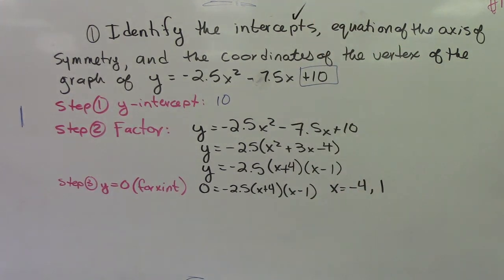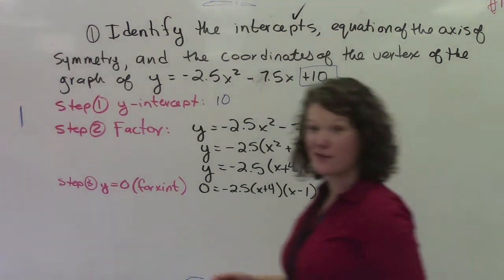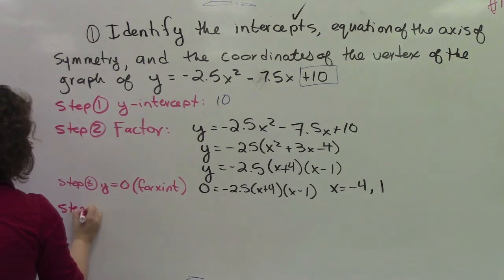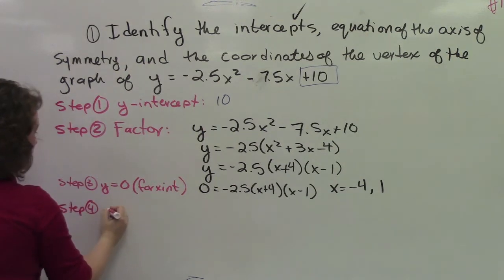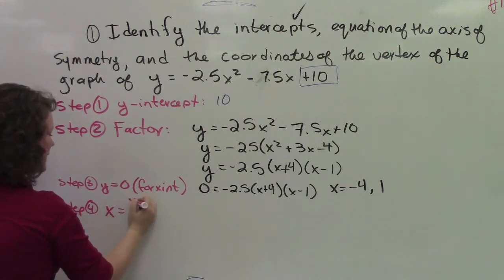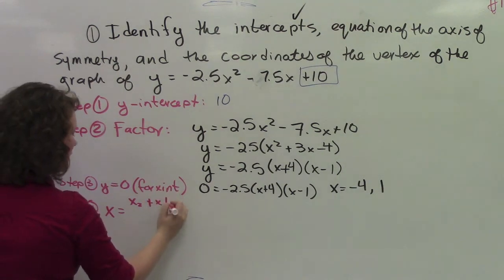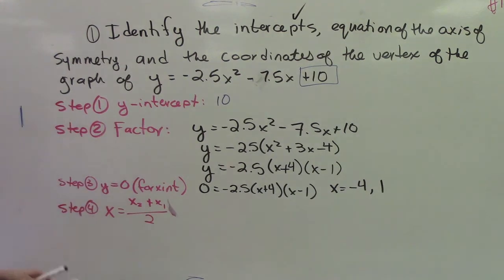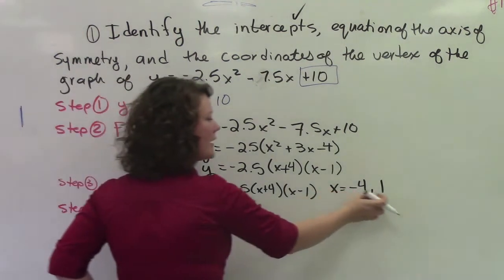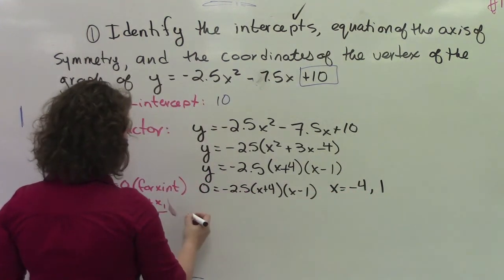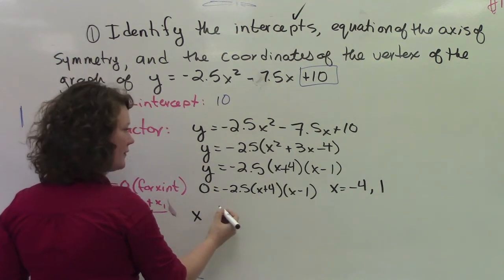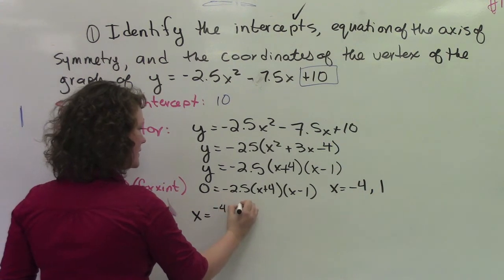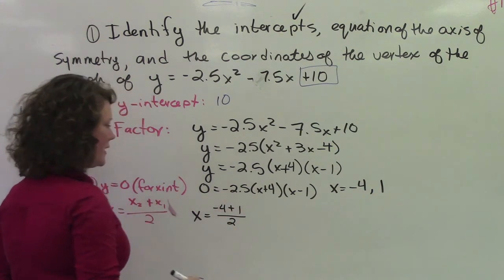What's the equation of the axis of symmetry? Well, that's step 4. Use x equals x2 plus x1, divided by 2. My x2 and x1 are these two things, so I'm just going to say the equation of the axis of symmetry equals negative 4 plus 1 over 2.